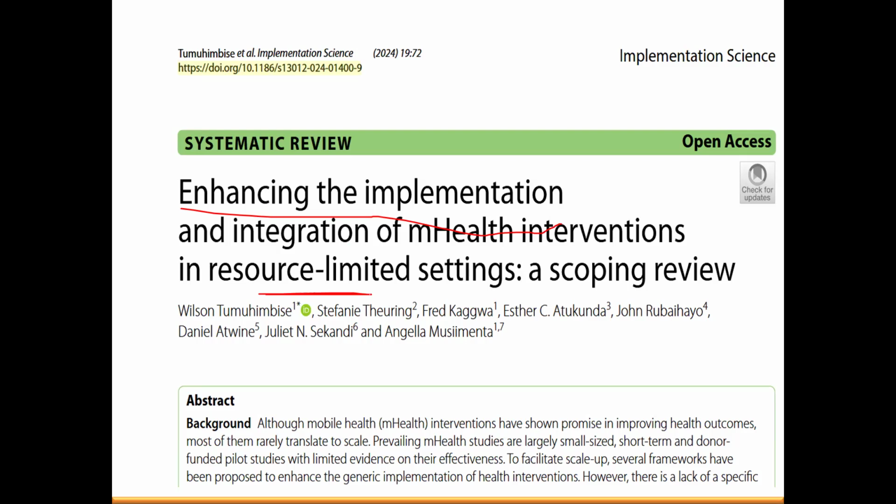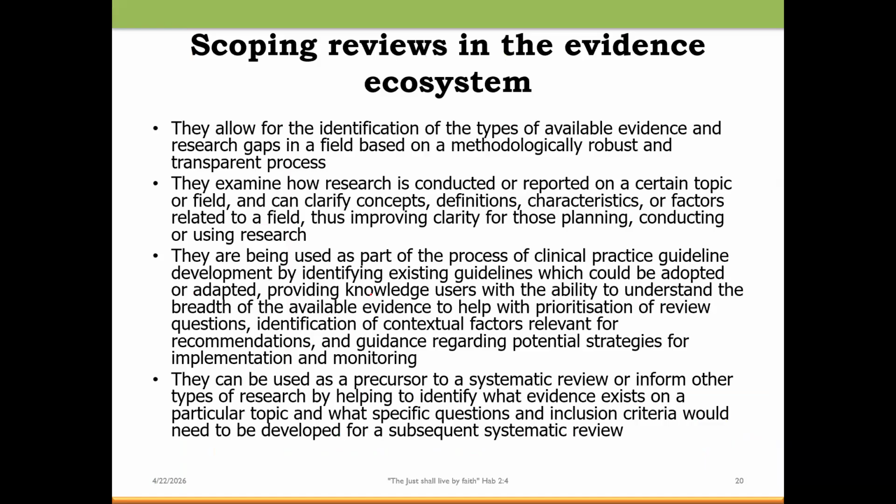If you're looking at artificial intelligence, or clinical decision support systems, look at what other researchers have talked about, and then you can pick out which question you can answer. So this is the goal. Reviews can help us to inform clinical practice guidelines by identifying existing guidelines which could be adopted or adapted.